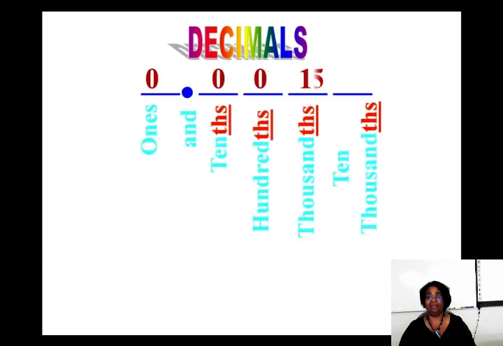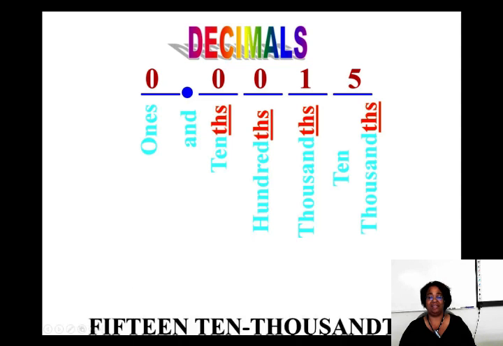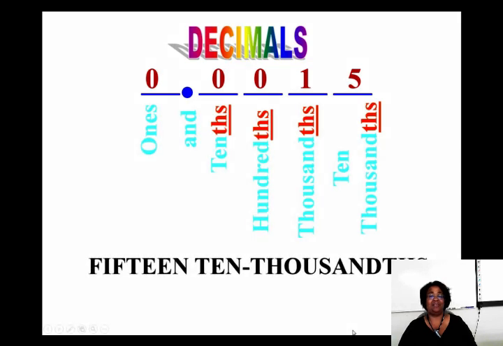Now, how am I going to read all these zeros? How would I read it? 15 what? Thousands. 15,000. No, what kind of thousands? 15 10,000s, yes. 15 10,000s. Now, a strategy for writing this, if I was given the words instead of the numbers, is I would go ahead and put a decimal, and then I like to do these underlines and just count out tenths, hundreds, thousands, 10,000s.